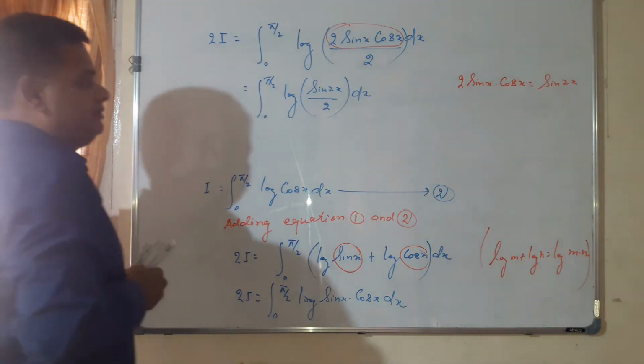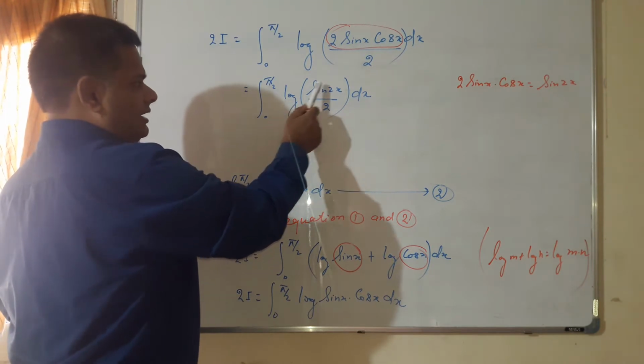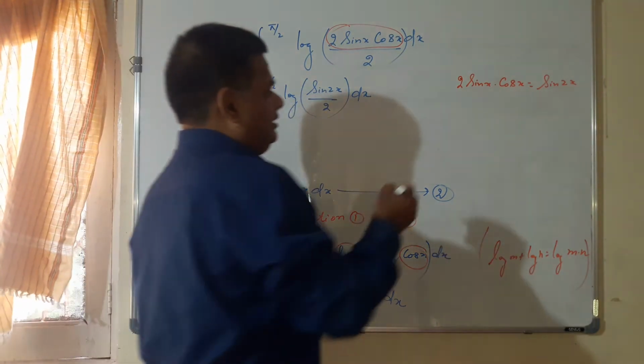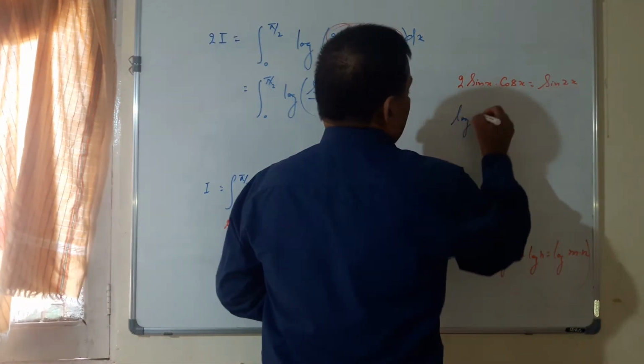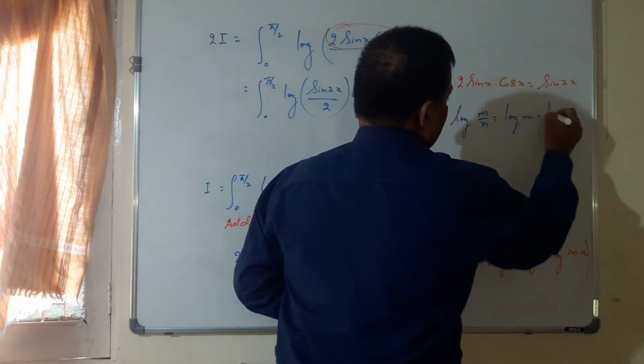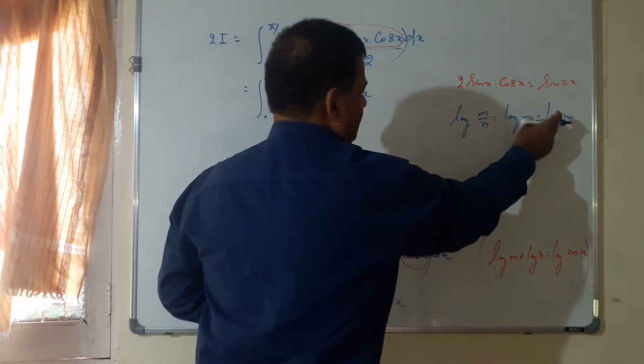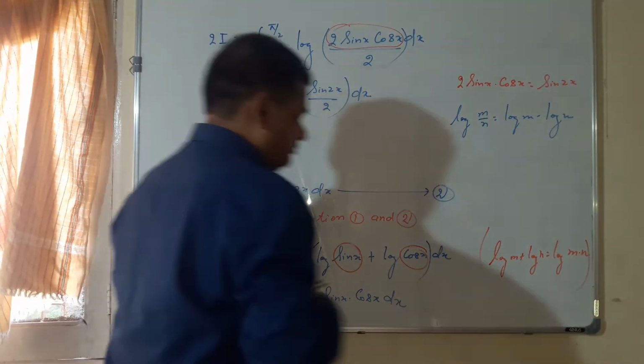Now I am going to use log m over n. The formula is log m over n is equal to log m minus log n. So I am using it here.